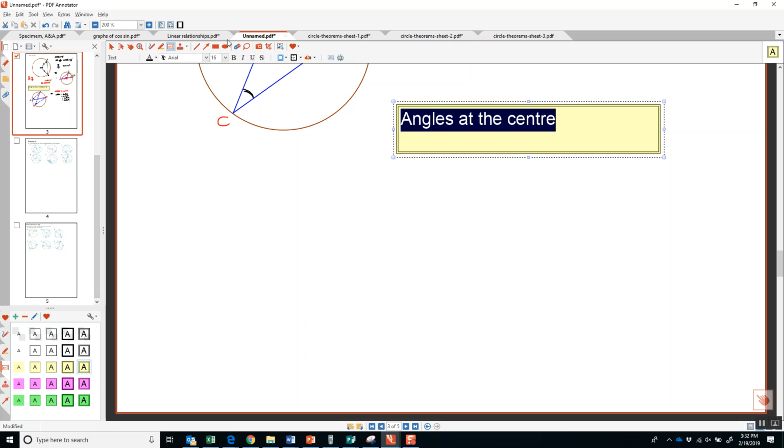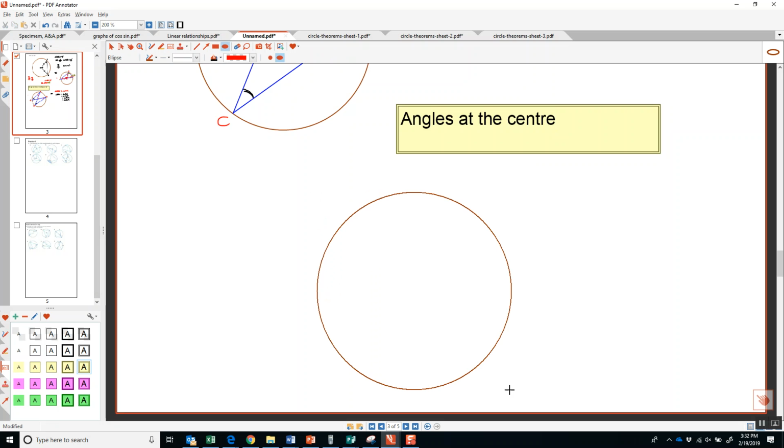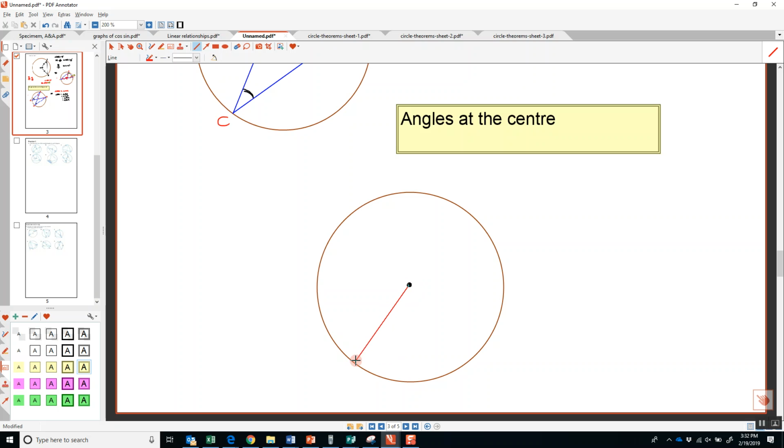So we'll draw our circle. Put our center point in. You can tell me anything about this particular one.